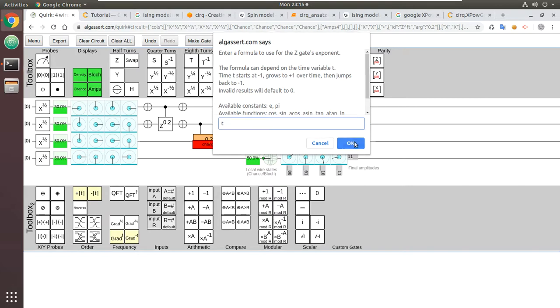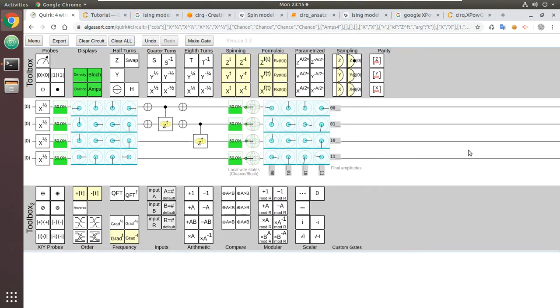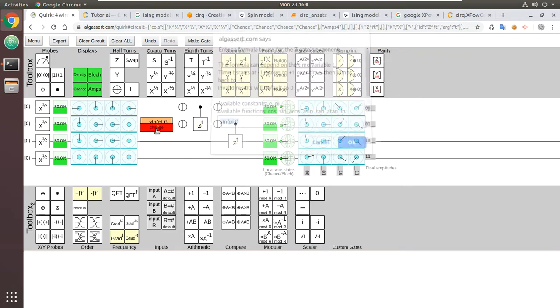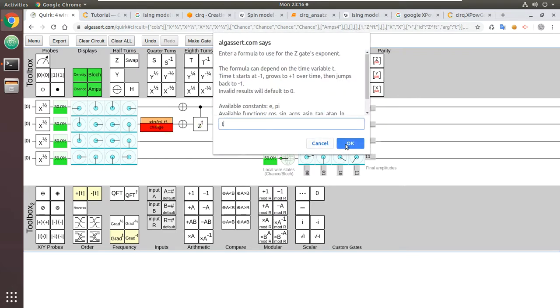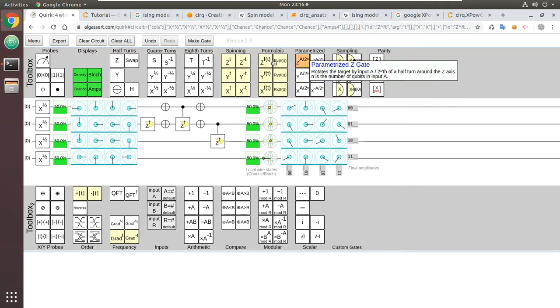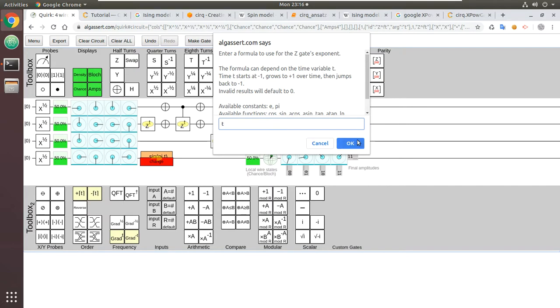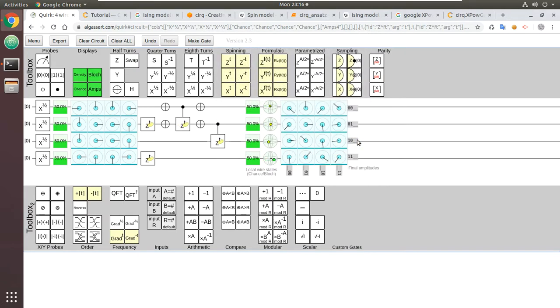Or just t. Just t. The amplitudes don't change absolutely.